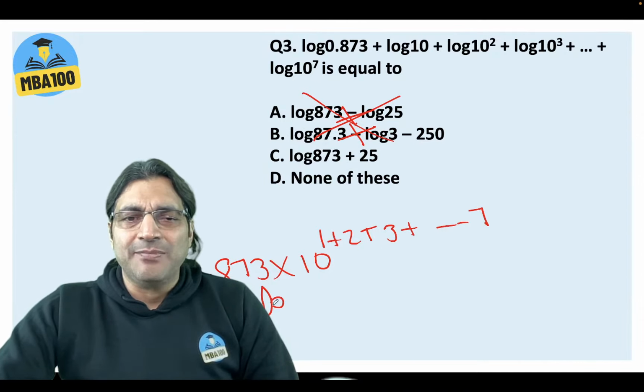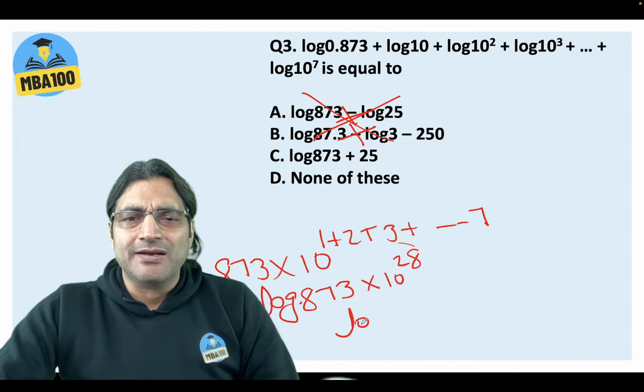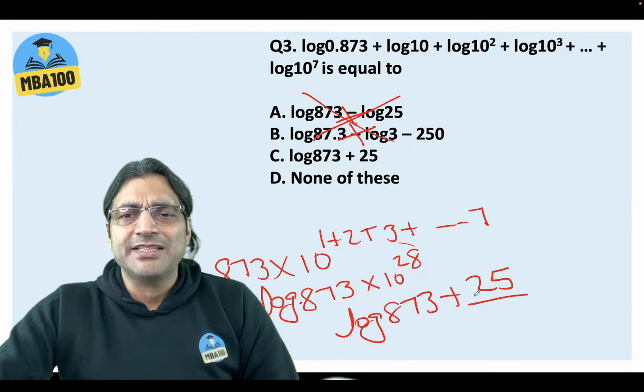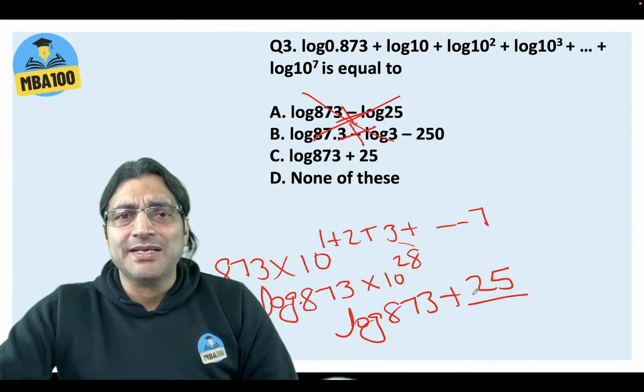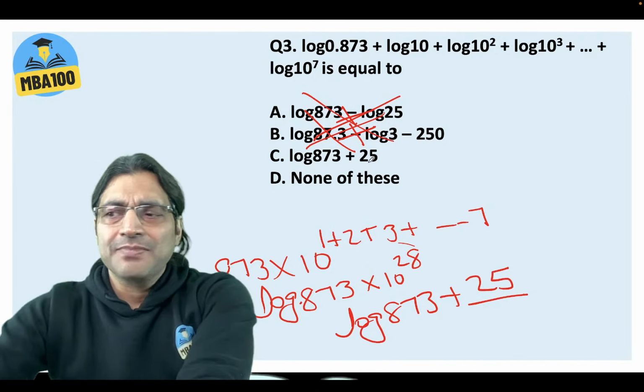So this will certainly be log of 0.873 into 10 to the power 28. Let's give 3 zeros to this to make it log of 873, and log of 10 to the power 25 would be 25. So this is your answer: log of 873 plus 25. But my point is that by just looking at options A and B, you should have eliminated them. All right? Any doubt?